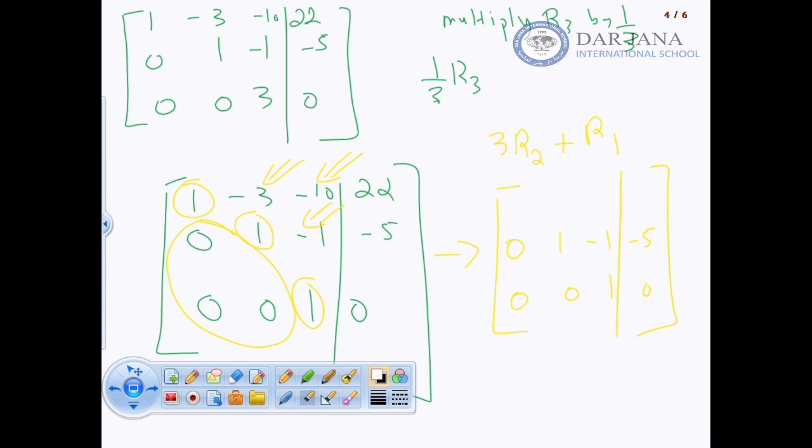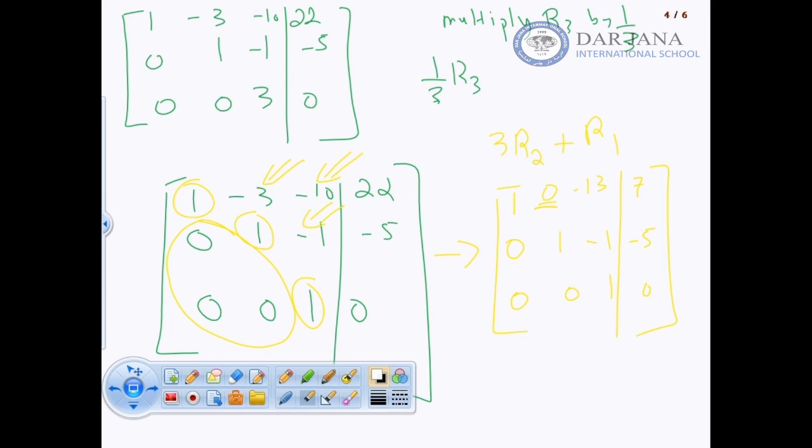The first row will change. So 3 multiplied by R2: 3 times 0 is 0 plus 1 is 1. 3 times 1 is 3 plus negative 3 is 0. 3 times negative 1 is negative 3. Negative 3 plus negative 10 is negative 13. 3 times negative 5 is negative 15. Negative 15 plus 22 is 7. Now we got a 0. We still have negative 13 and negative 1 to convert to 0.